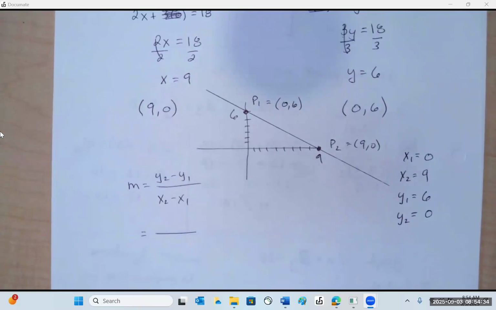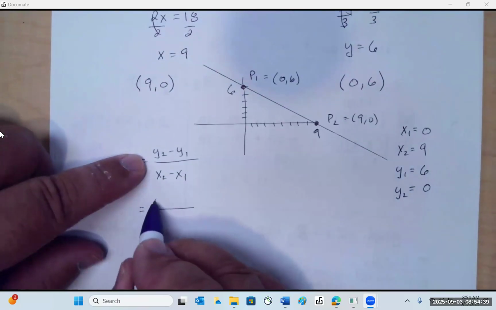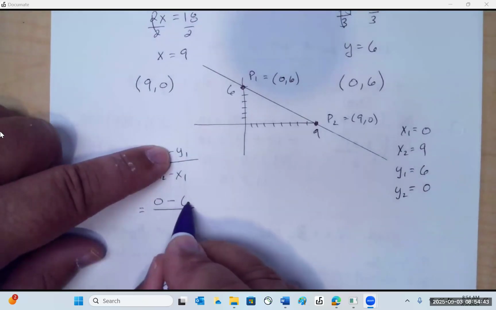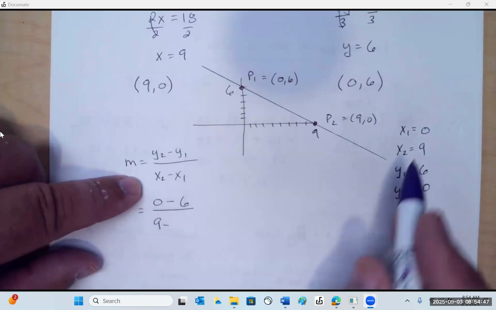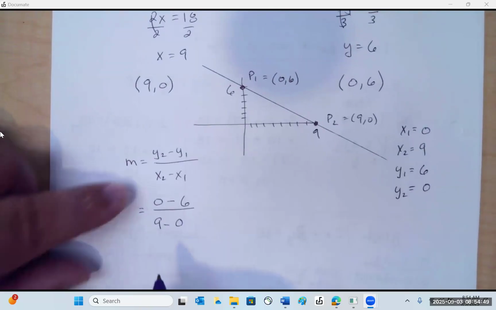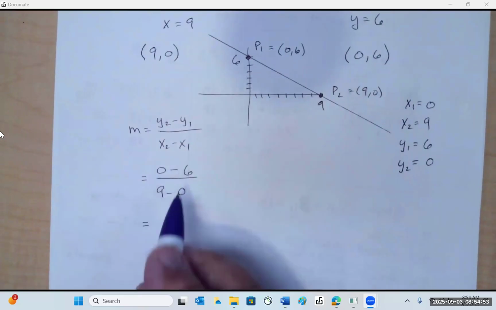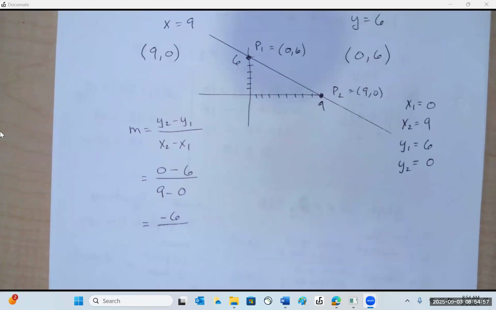Once I define them, then I can plug and play. y2 is 0 minus y1 which is 6, over x2 which is 9 minus 0. 0 minus 6 is negative 6. 9 minus 0 is 9.